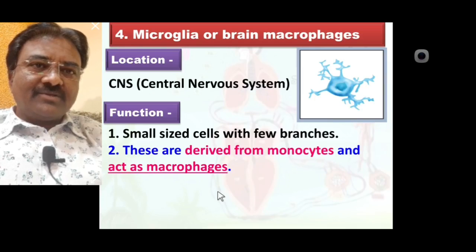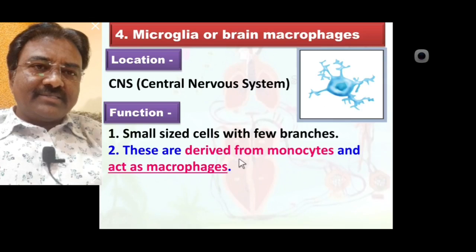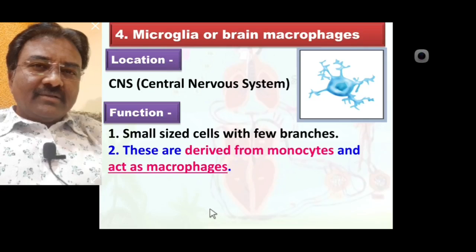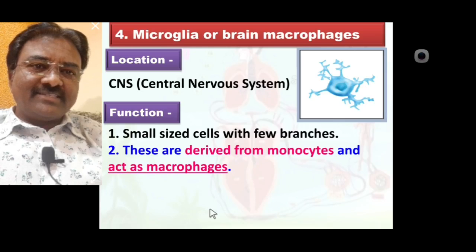The same function is also done by microglia or brain macrophages because they are derived from monocyte. Which neuroglia cells are derived from monocytes? Microglia or brain macrophages.